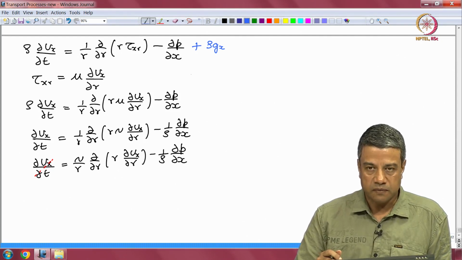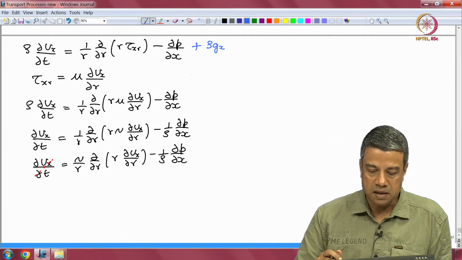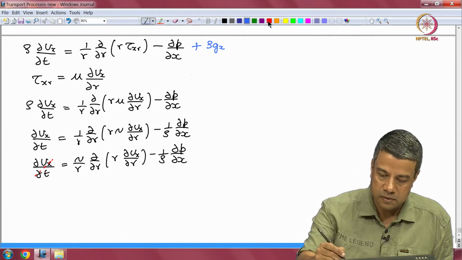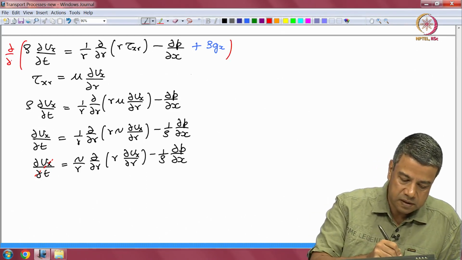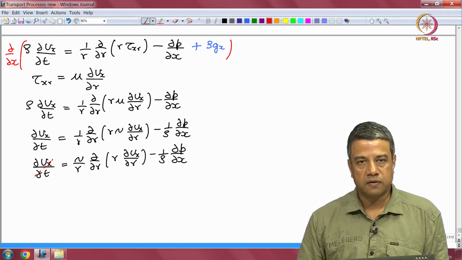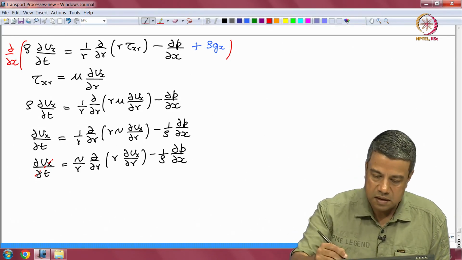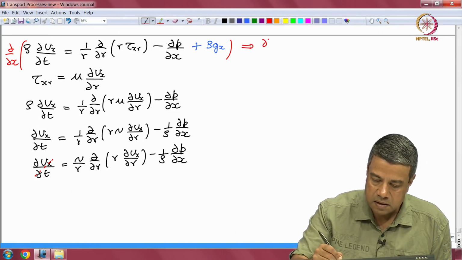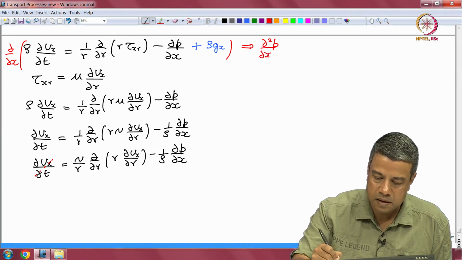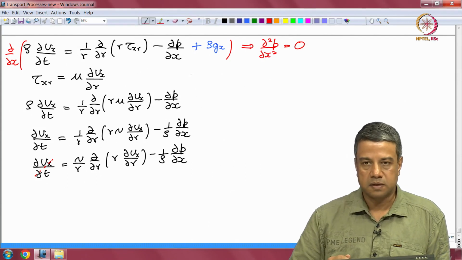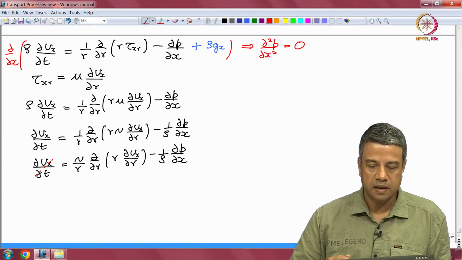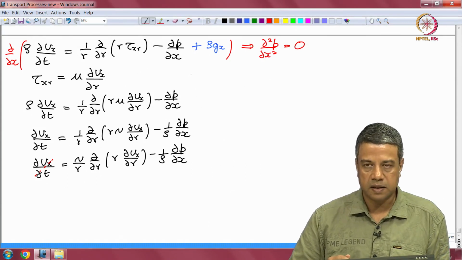Even if there is a body force density, d square p by dx square is still equal to 0. If the body force density is a constant, this still implies that d square p by dx square is equal to 0 and dp by dx is a constant.